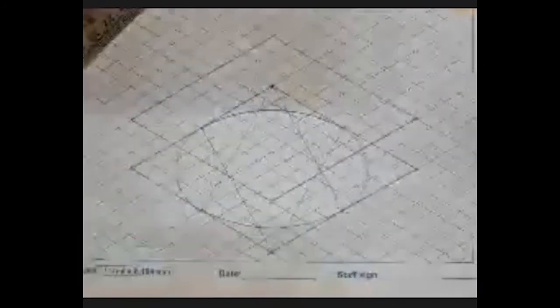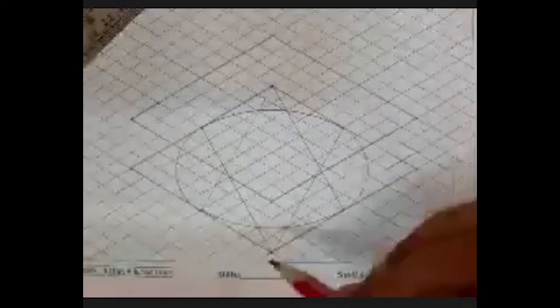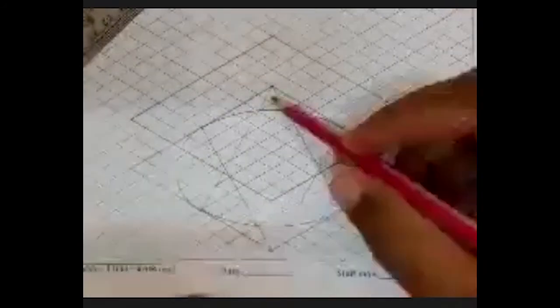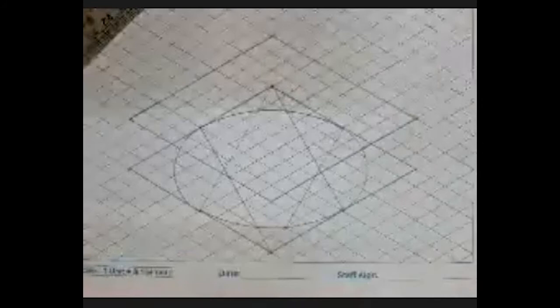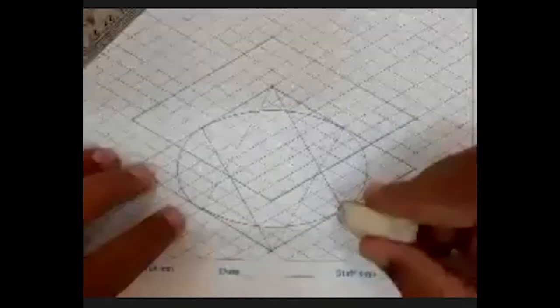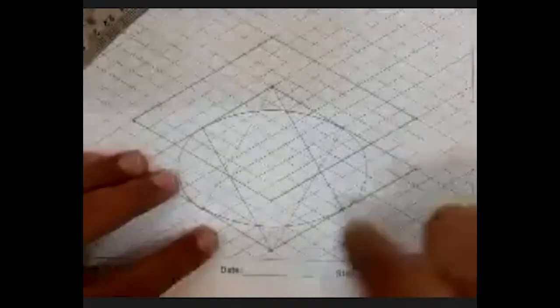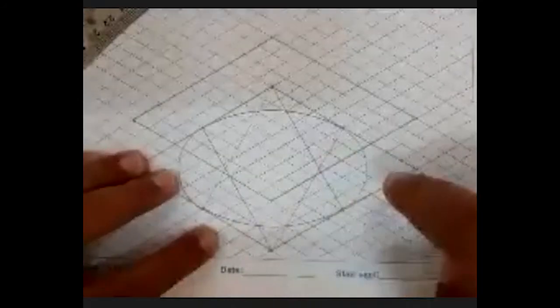Now everything is confusing. I have drawn a square block which is the bottom base. Above I have a thickness. This is one more square block. If I don't want any confusion, whatever is there within the new square block, I'll erase everything.